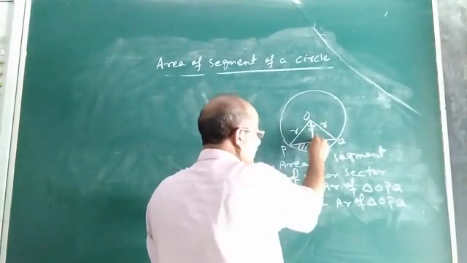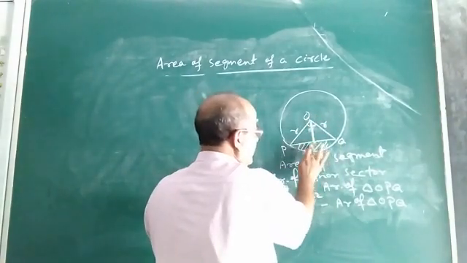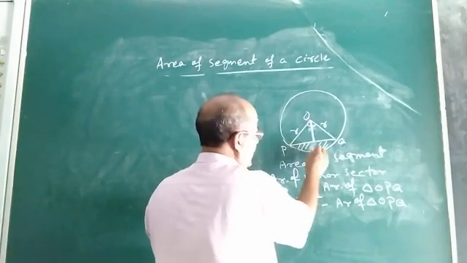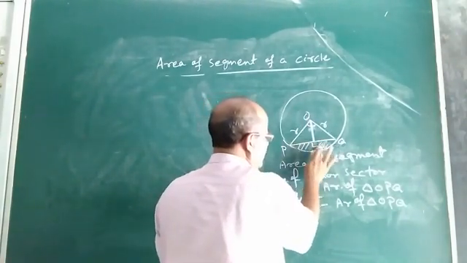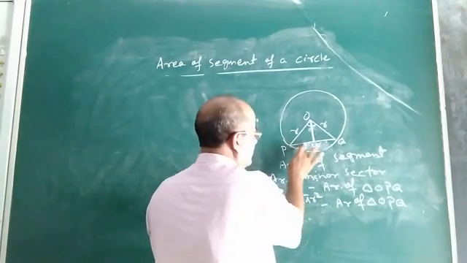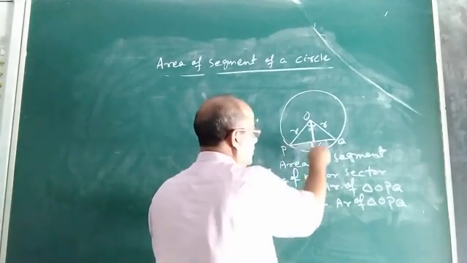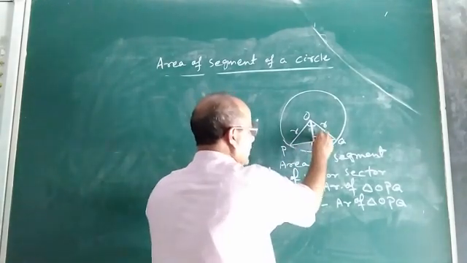Now to find the area of triangle OPQ, just draw a perpendicular. Suppose the perpendicular is L, draw OL perpendicular to PQ.